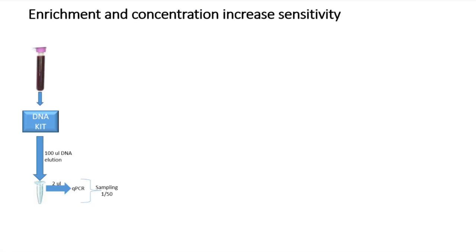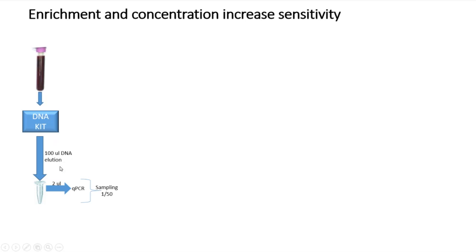So the other thing that I wanted to share with you about enrichment is some of the benefits that include concentration. And this is particularly important because not all samples come in a 10 microliter volume. And blood is a great example of something like that. This is a 3 ml tube of blood, I believe we were working with. And one of the first things that you might do is use a DNA kit to isolate DNA.